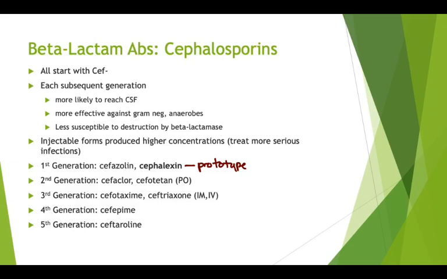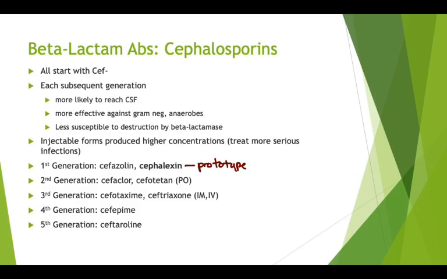They're going to be much more effective against gram-negative and anaerobes. And they're going to be less susceptible to destruction by the beta-lactamase. So they've made subsequent generations because they figured out that they can make them better. And so we're up to the 5th generation now.